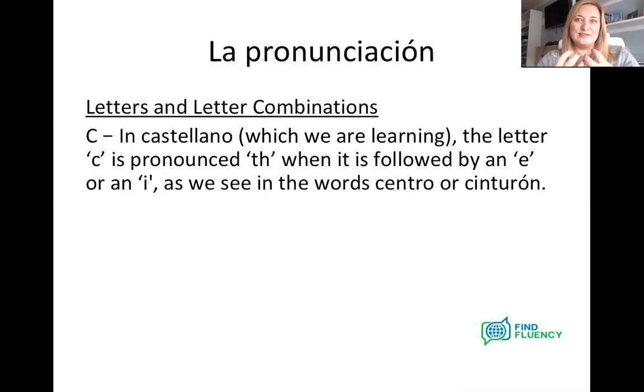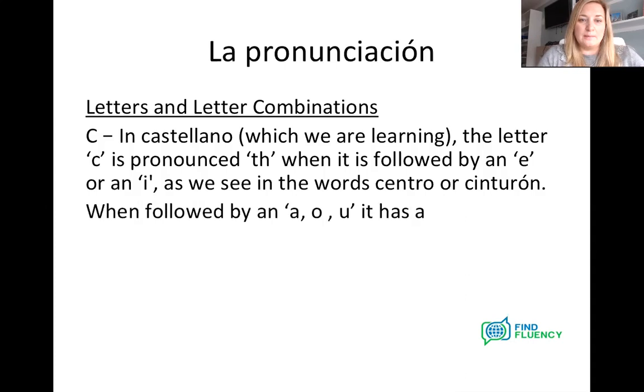So you see my mouth there, it's quite visual. It's like her th sound, right? When it's followed by an E or an I, as we see in the words centro or cinturón. Okay, centro means center and or middle, and cinturón means a belt. Okay, so it's a th sound when it's followed by E or I.